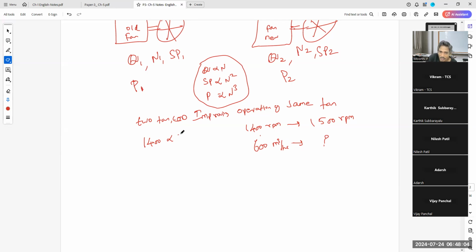Flow is directly proportional to speed. 1400 is directly proportional to 600. Next, 1500 is directly proportional to the x value. Then I need to find this x value. So I keep x on the top side, then 600 into 1500 divided by 1400. Can you calculate this one?